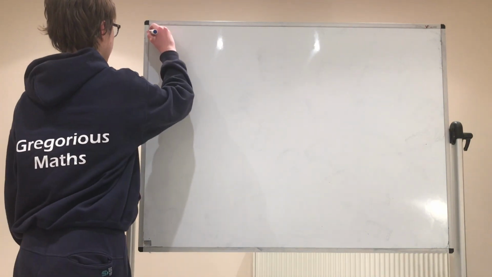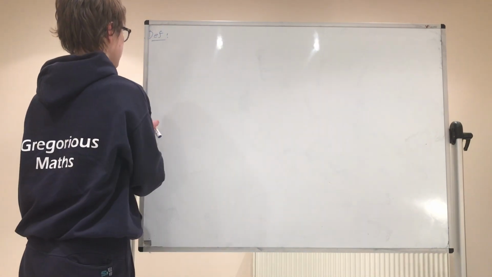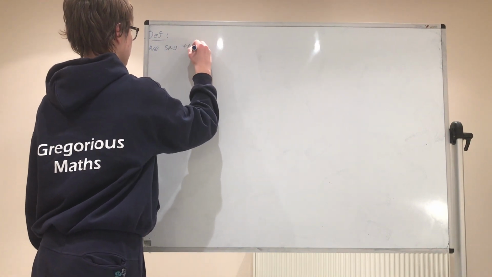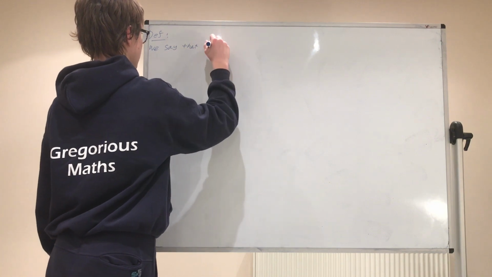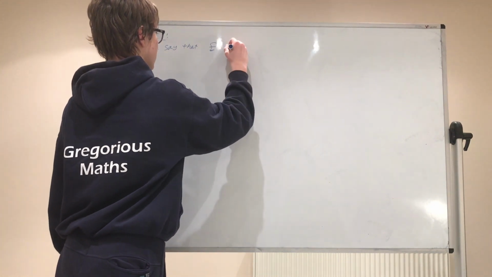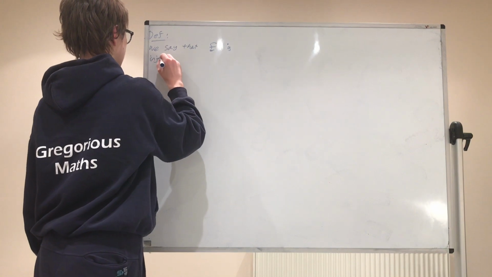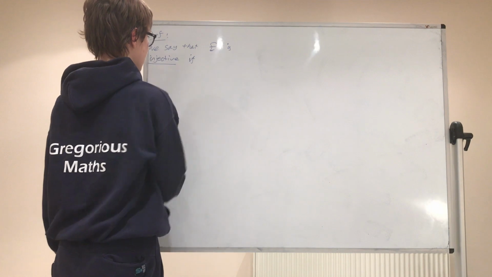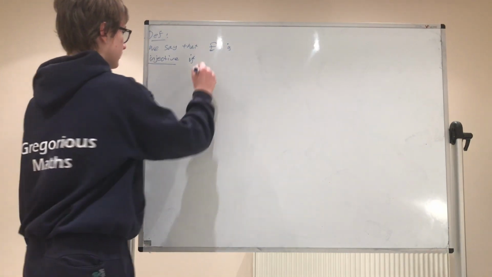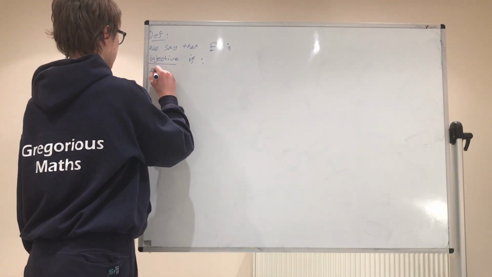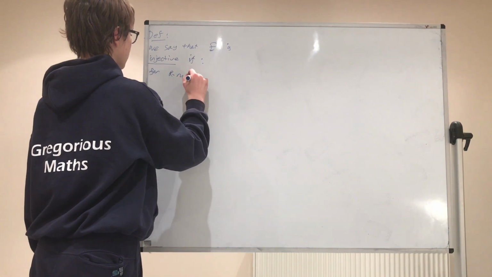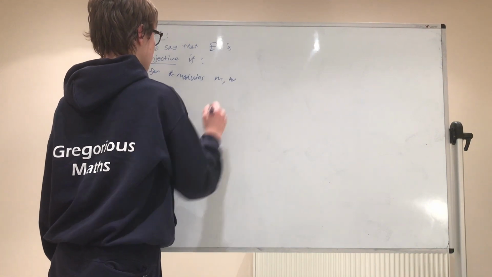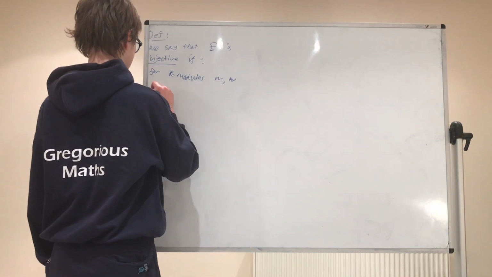So the definition is, we say that E is injective if, for R modules M and N, the following commutes.